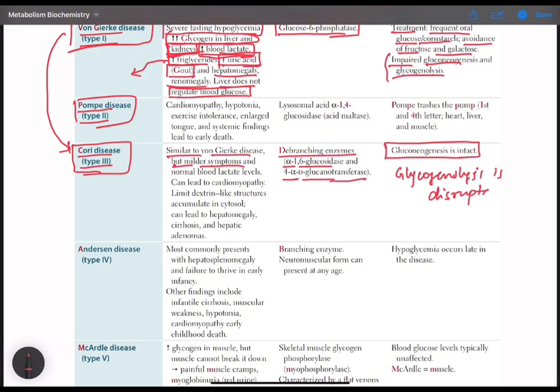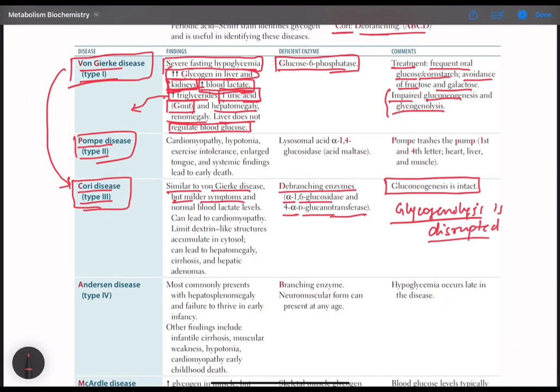Since glycogenolysis is disrupted, the patient will have similar symptoms to von Gierke, but milder, and normal blood lactate levels. Why is it so? Because the Cori cycle is normal, and these patients can develop cardiomyopathies. Limit dextrin-like structures can accumulate in the cytosol, which can lead to hepatomegaly, cirrhosis, and hepatic adenomas.